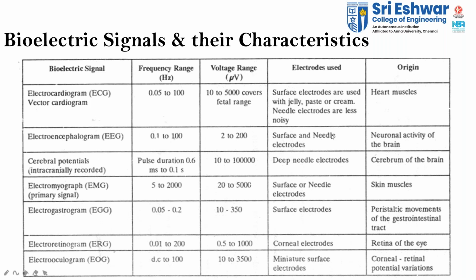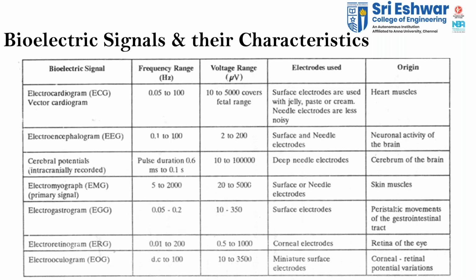Surface electrode or needle electrode can be used. And finally, for the cerebral potential, the pulse duration is 0.6 to 1.1 seconds, and the voltage range is 10 to a lakh. Here we use a deep needle electrode, because the cerebrum is present deep inside your skull. For electromyogram, the frequency range is 5 to 2000 and the voltage range is 20 to 5000 microvolts, and surface and needle electrodes can be used.